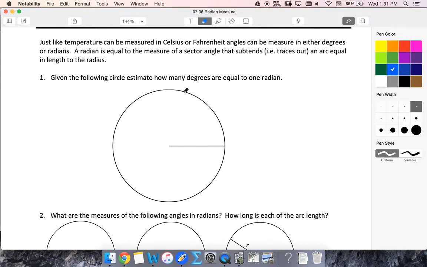So I'm going to say it's about, I don't know, that long. So this would be 1 radian. And we use this little C sign to stand for radians. So if this length is R for my radius, then this length is also R. So it looks to me like 1 radian is about 60 degrees.